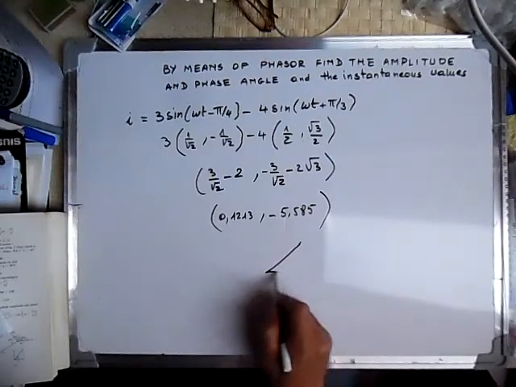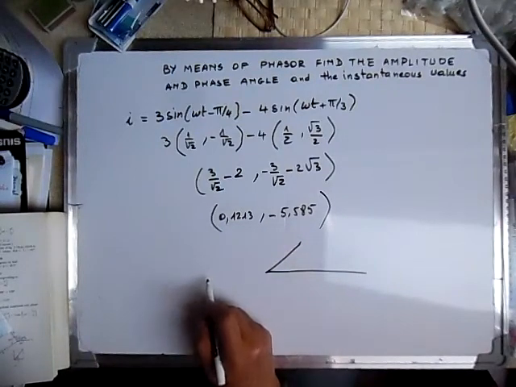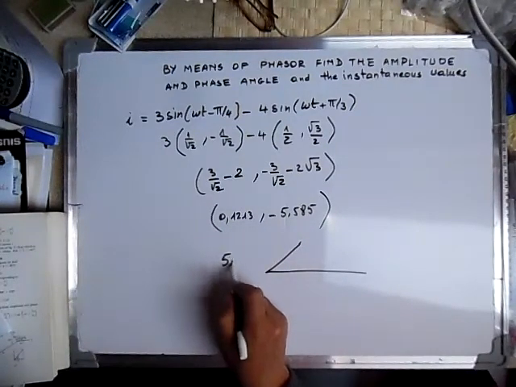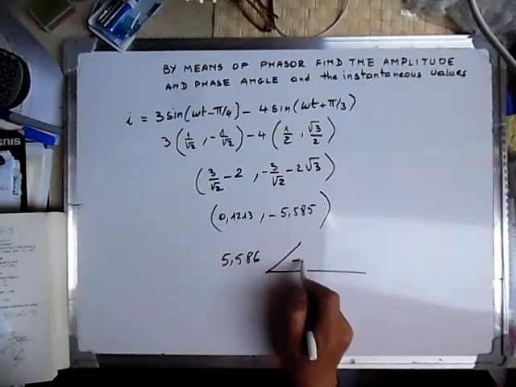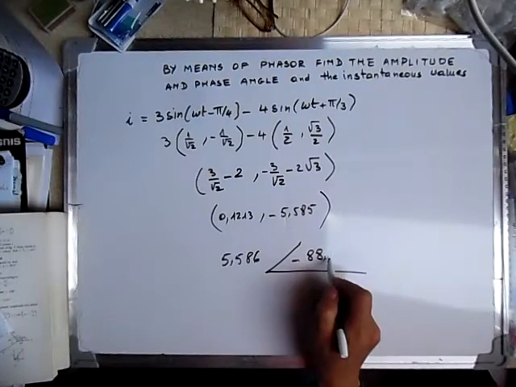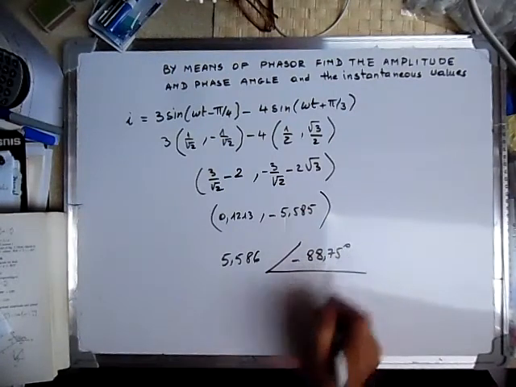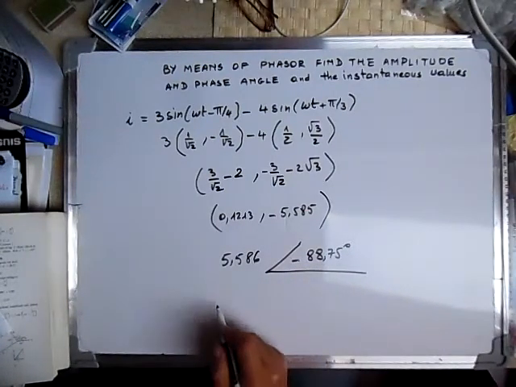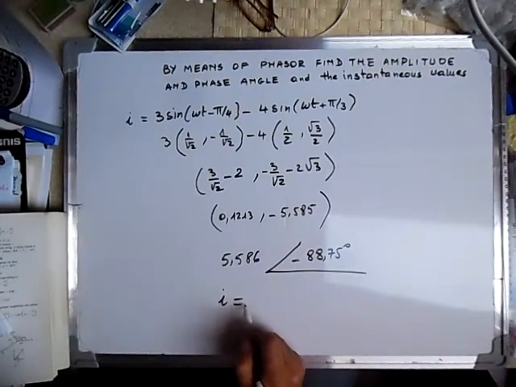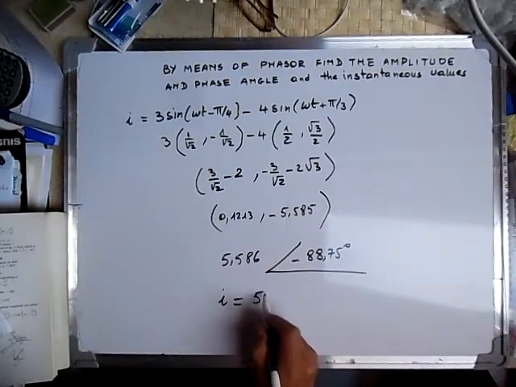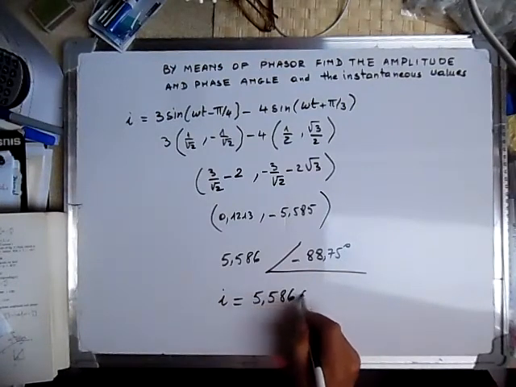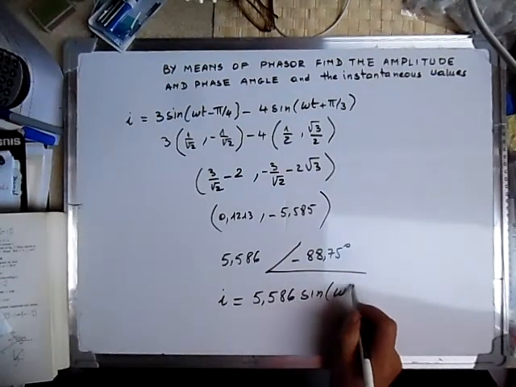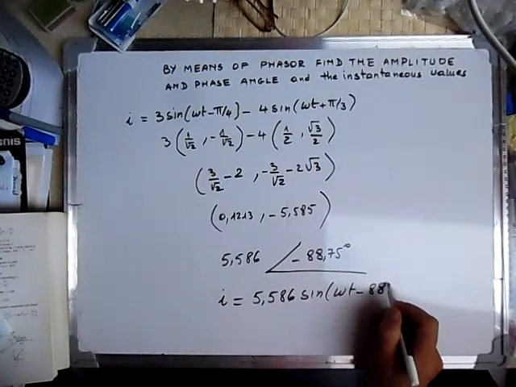So the module of these results is 5.586, and the angle is minus 88.75 degrees. So if we want to write the result in instantaneous value of the current, it's this, minus 88.75 degrees.